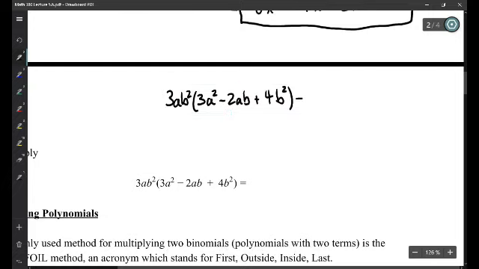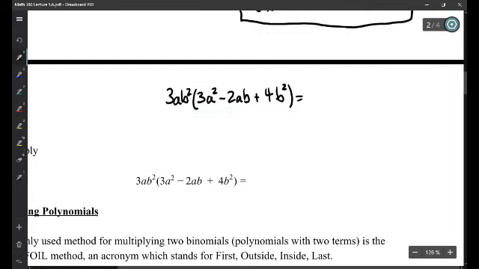The first step, as you recall, is to draw our distributing arrows to signify multiplication of the outside monomial to each monomial inside.